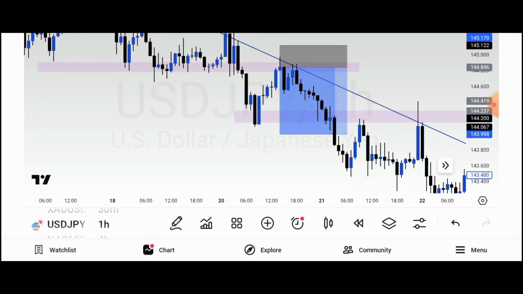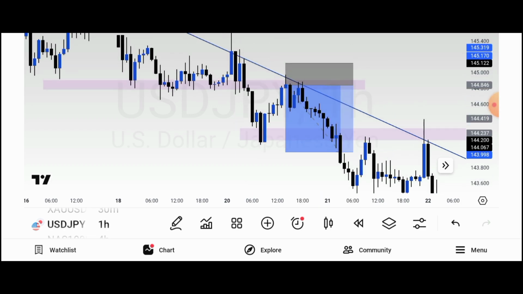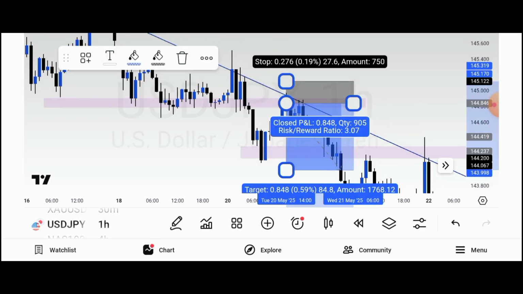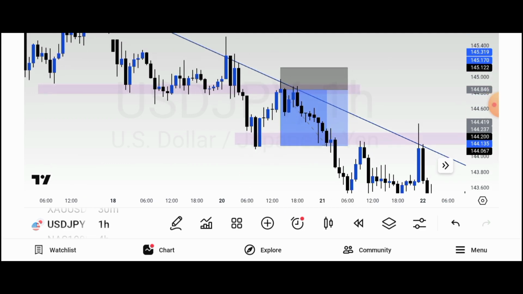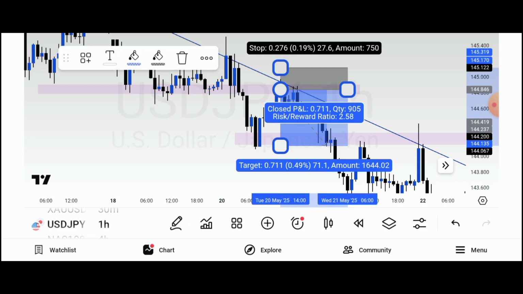Even if you put it here, you can see that it's still at least 1:2.5 risk to reward.